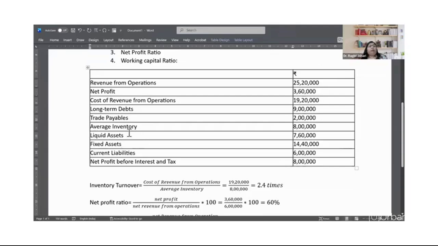See, we are given liquid assets and we are given average inventory. So current assets is liquid assets plus inventory. If we add these two together, we get current assets.